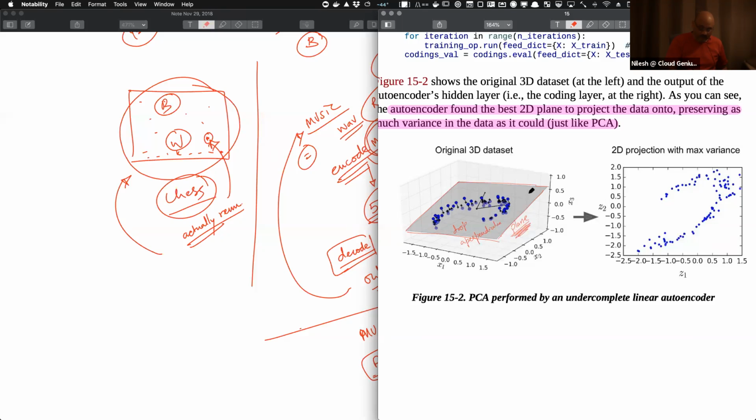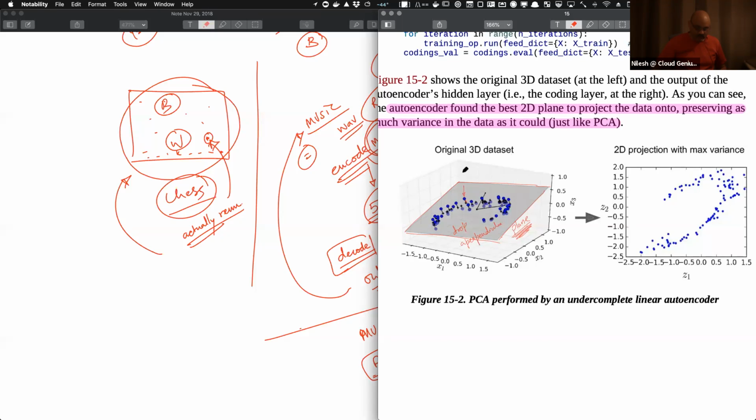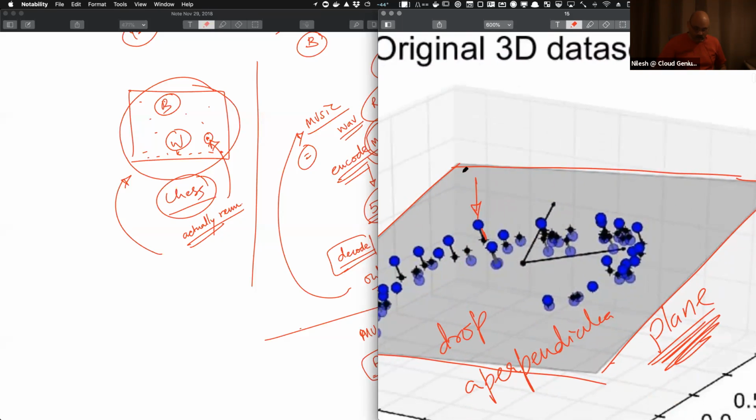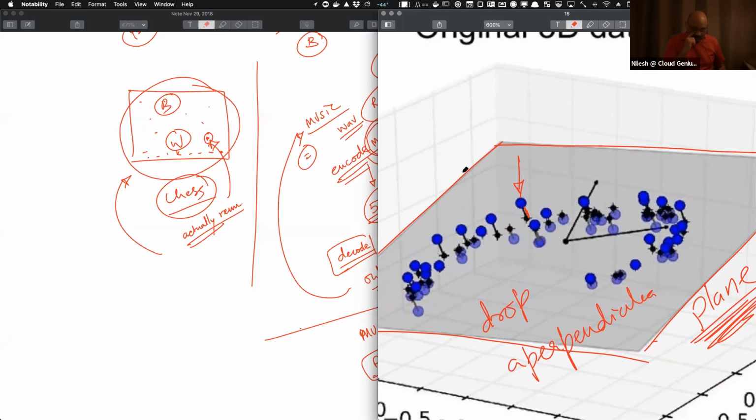on this plane. So from every data point that we have, for example this data point, we are dropping a perpendicular like that. If I may zoom, you will see that these black lines are dropping perpendiculars on this imaginary plane. And then we get these black dots compared to the actual dots that are blue in color.